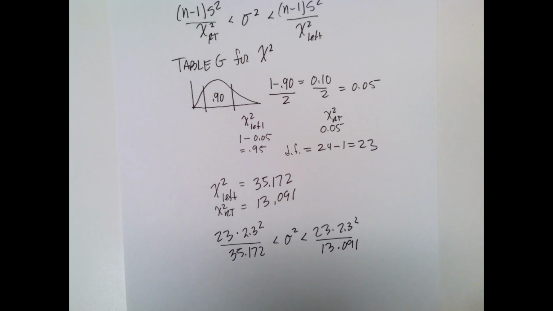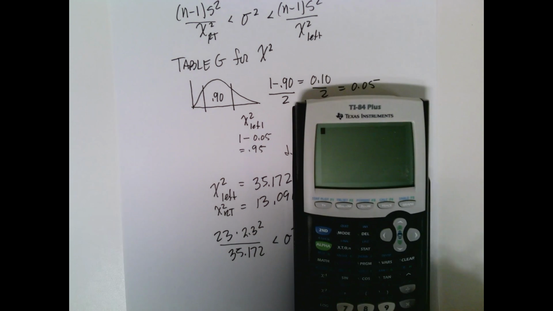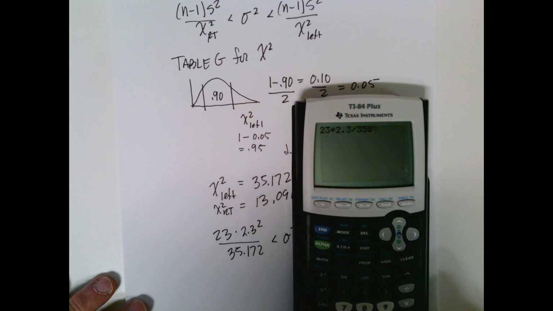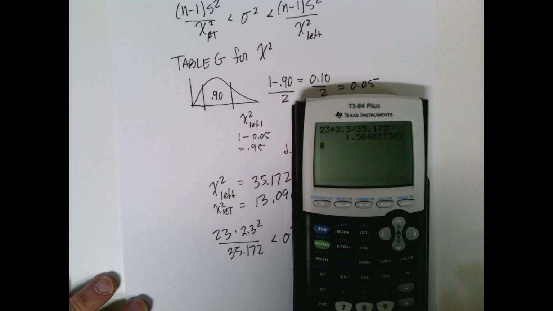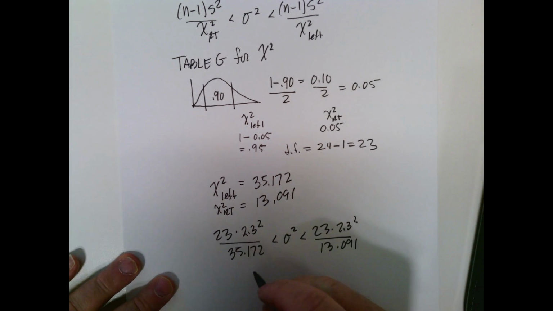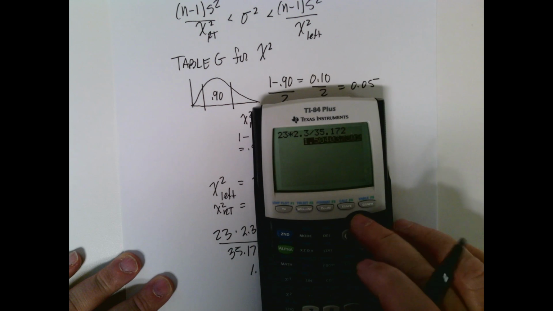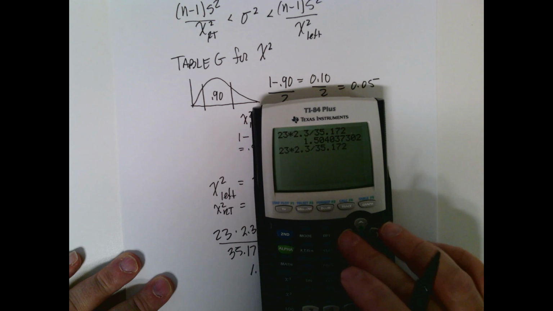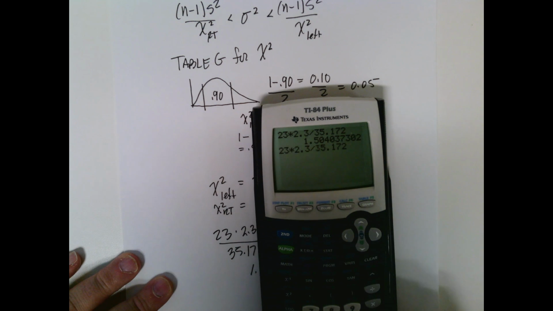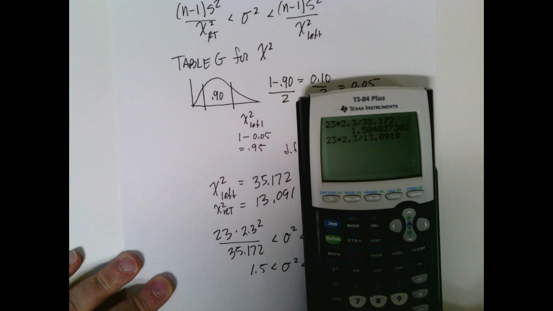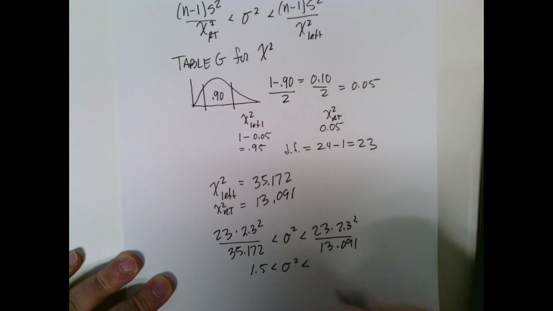We get 23 times 2.3 squared divided by 35.172, so we have 1.5. And now we replace this with 13.091, and it looks like you get 4.1.